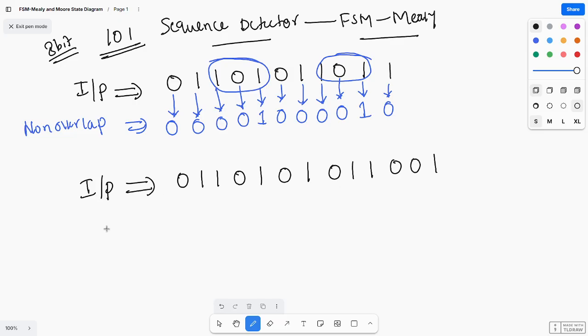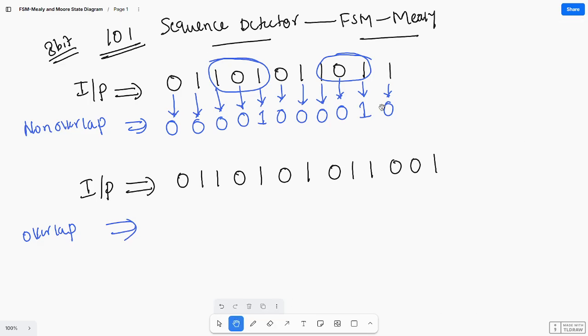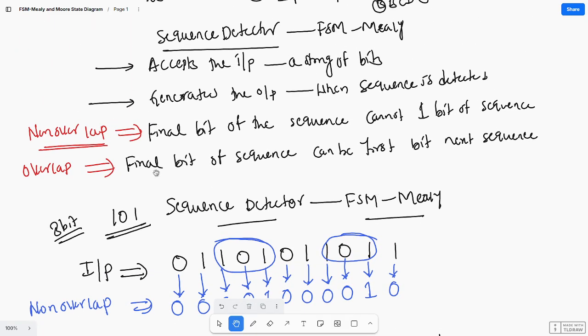I am checking this to see whether I get the same result as in non-overlap. In the overlap sequence, the final bit of the sequence can be the first bit of the next sequence.